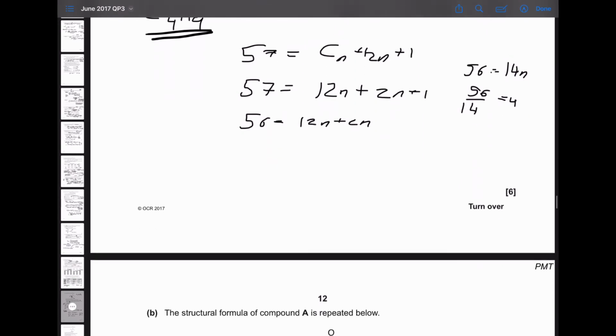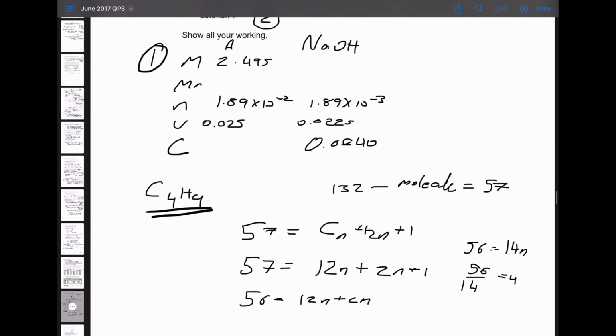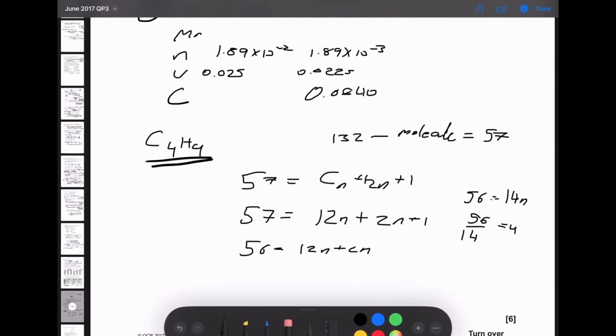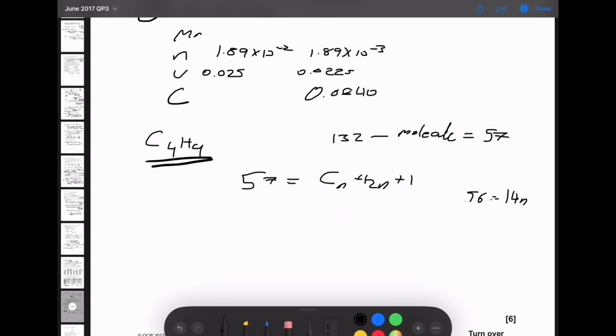So we've got to draw the structure of compound A. I've not left myself a lot of room to do that, so I'm just going to get rid of this. Compound A has an OH group here, a double bond O, OH, and our R group.